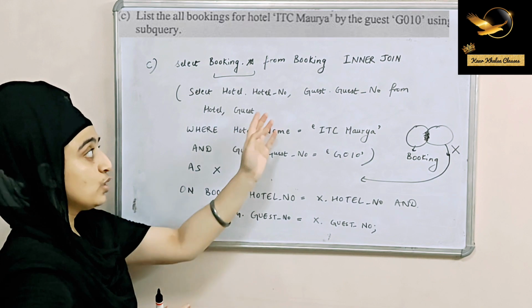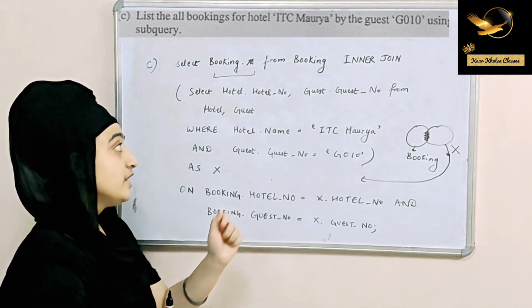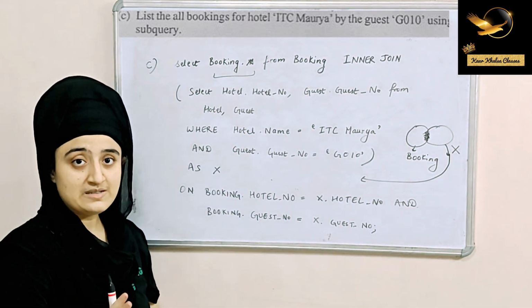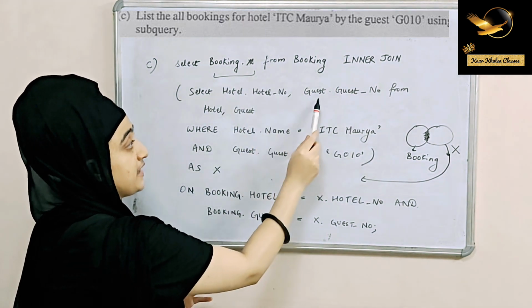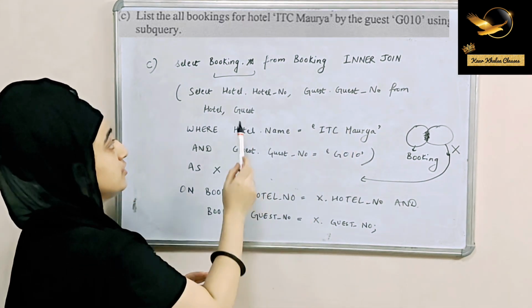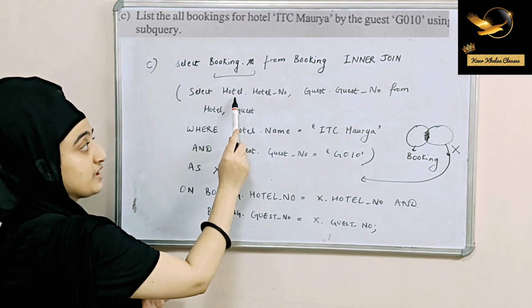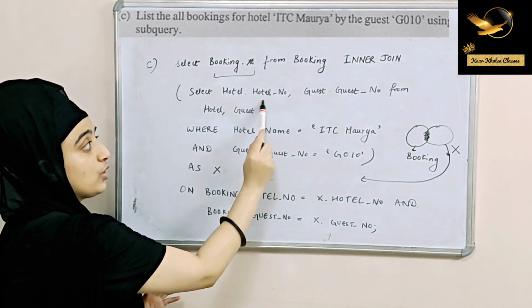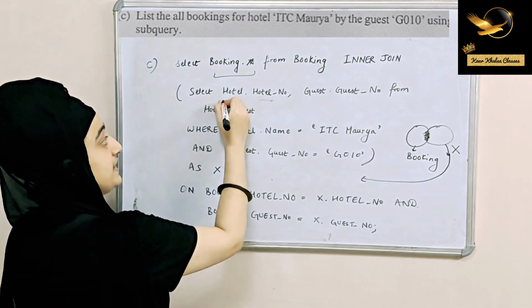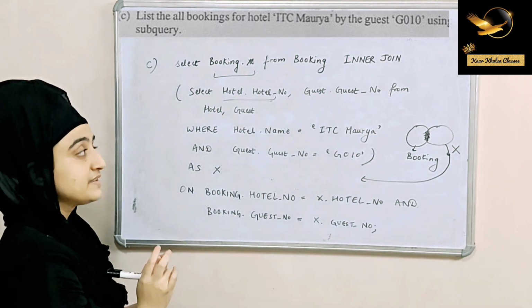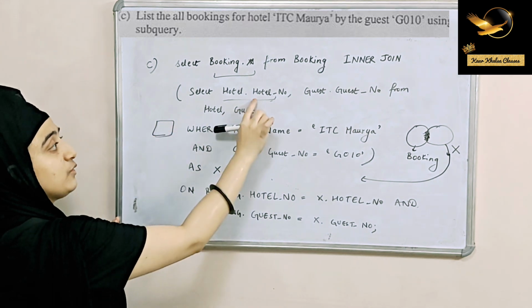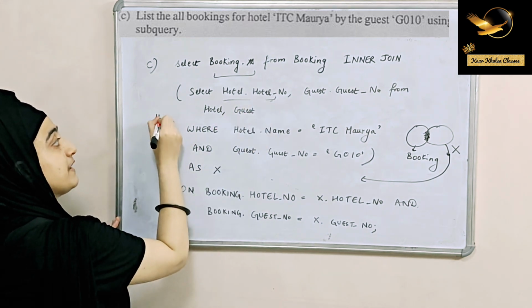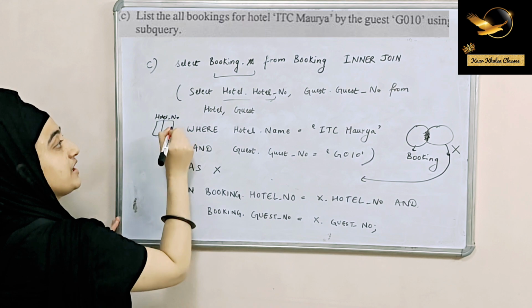So what is this hotel dot hotel number? Here we are using two tables. So we have to write it as table name dot column name. From the hotel table we are using the hotel number column. This complete part means that we are going to the hotel table, and in the hotel table we are selecting only the hotel number column.